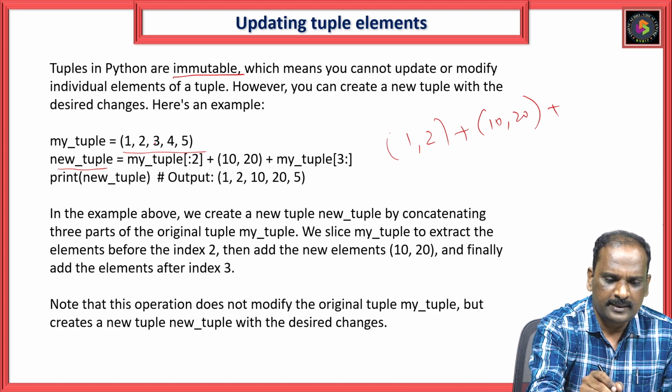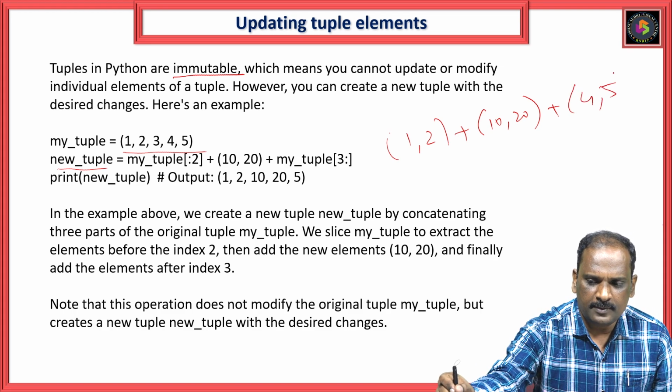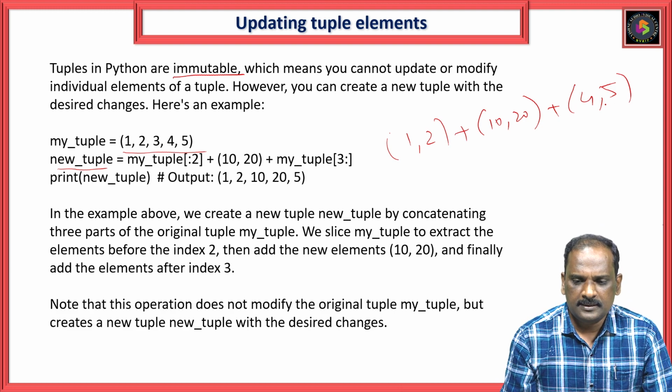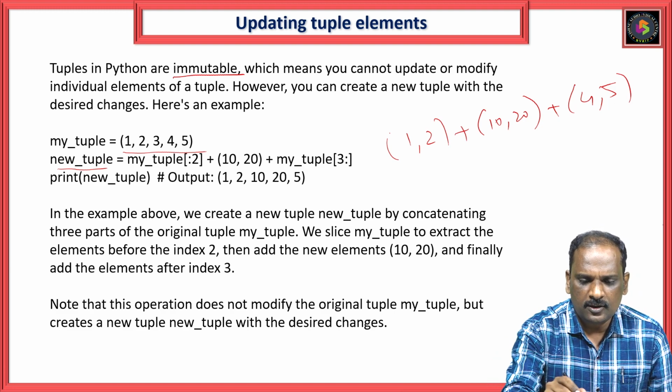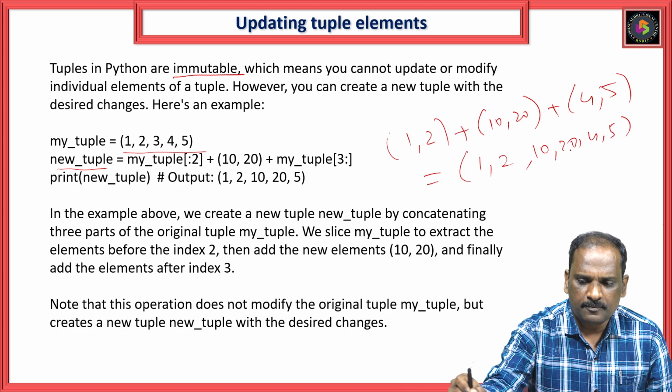What is the value at index 3? At index 3 is 4, followed by the remaining elements because the ending index is not mentioned. Now, if we concatenate all these 3, we get the resultant tuple as 1, 2, 10, 20, 4, 5.